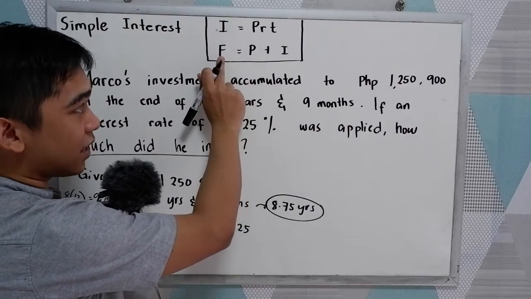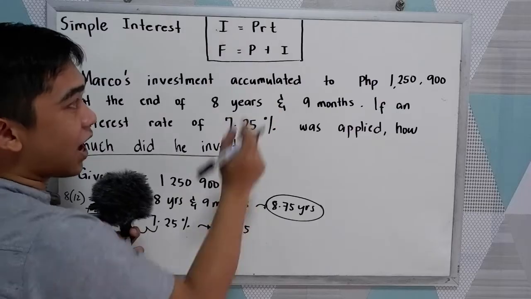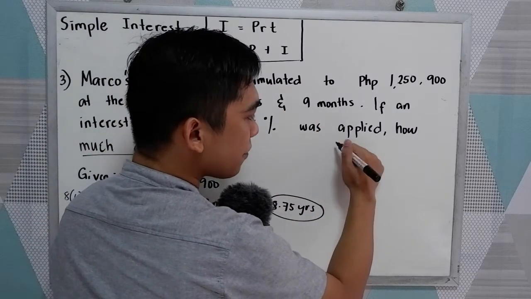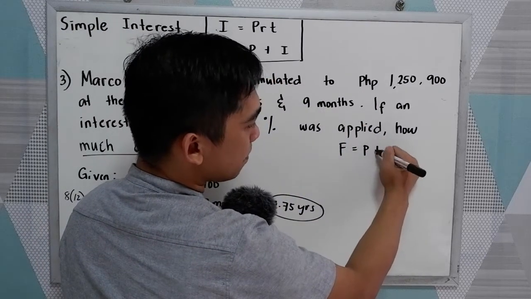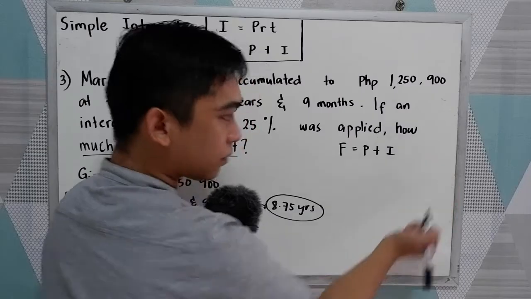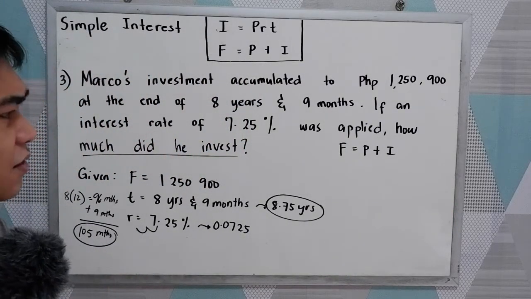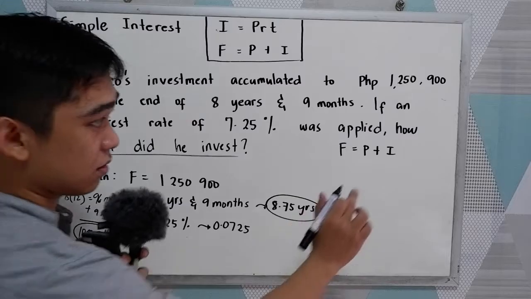Since the given are the future value, rate, and time, we're going to use the second formula. F, or the future value, is equal to P plus I. But take note, we don't have a given for I, or the interest.